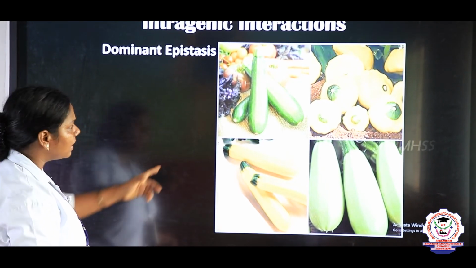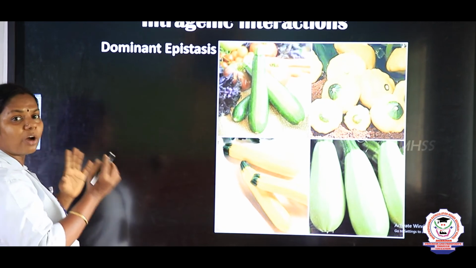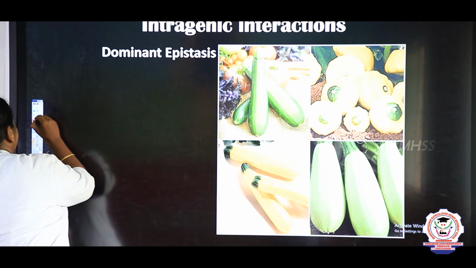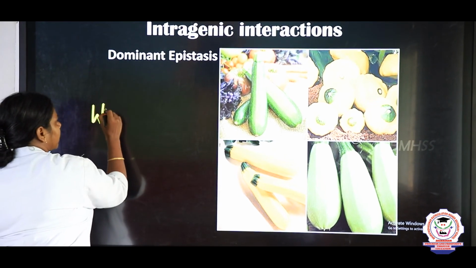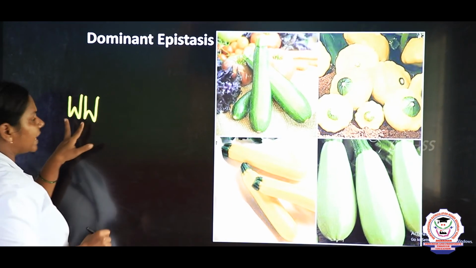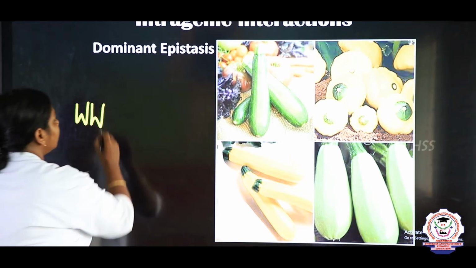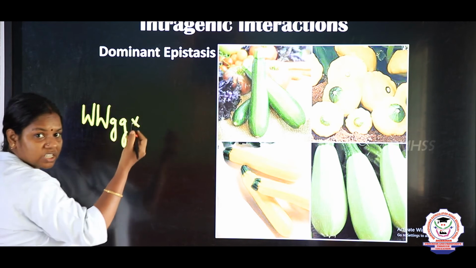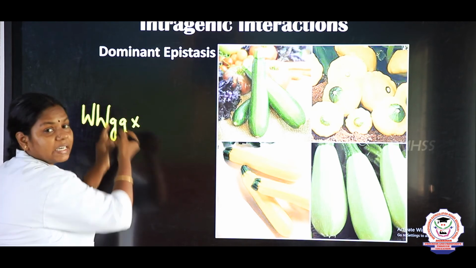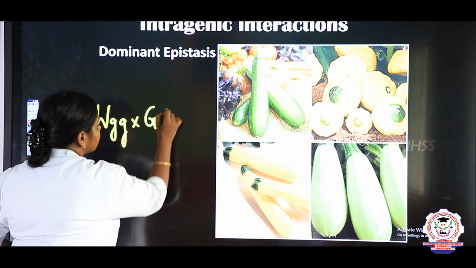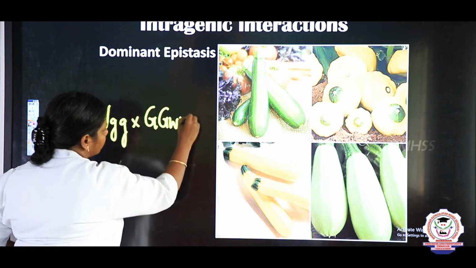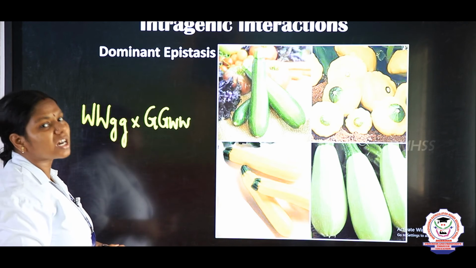For example, the dominant gene capital W is located in the first position, and another dominant gene is located in a different position, that is capital G and small g. So we are going to see the cross between them.